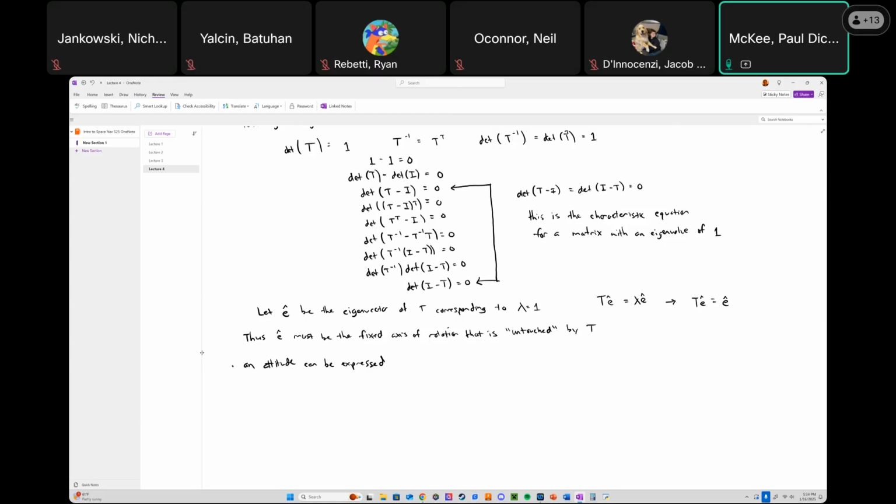Maybe I'm rusty in my linear algebra, but I'm pretty sure that the determinant operation holds under subtraction and addition and stuff like that.